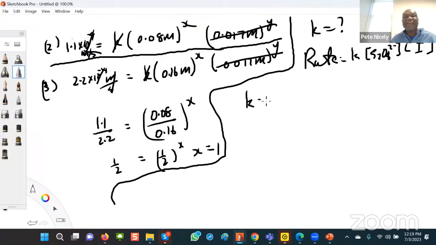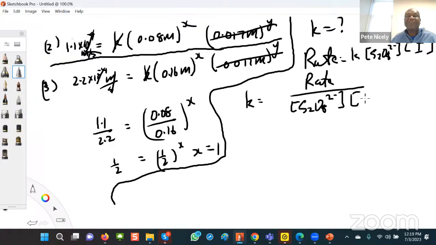So to find K, we can just do some algebraic rearrangement to get K equal to rate divided by the concentration of the persulfate times the concentration of I minus. And then all we have to do now is plug in values for the rate and the concentrations from the table, right? And you can choose any one of the experiments' values to do this.